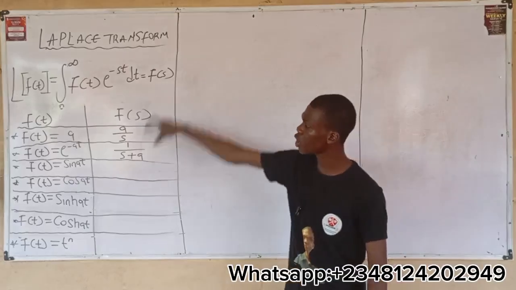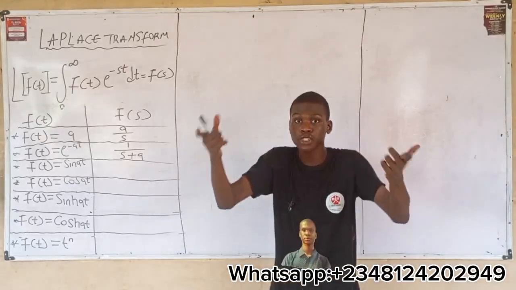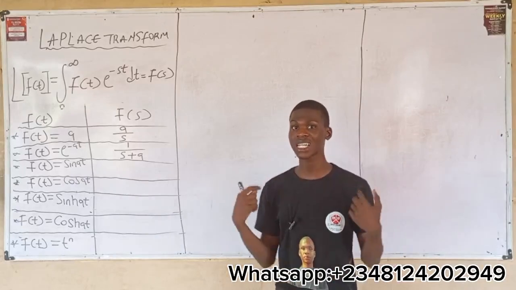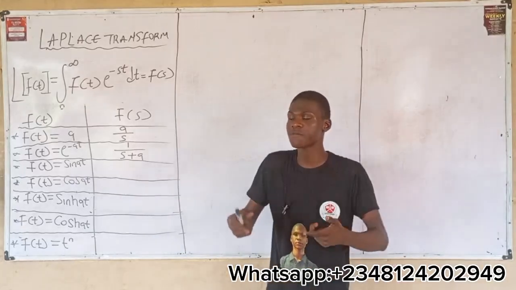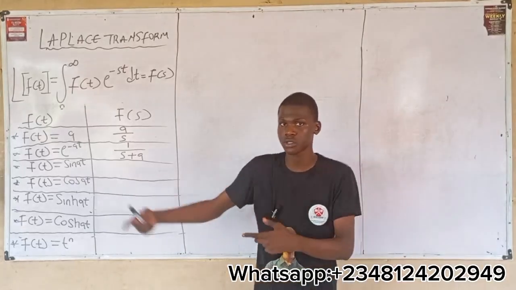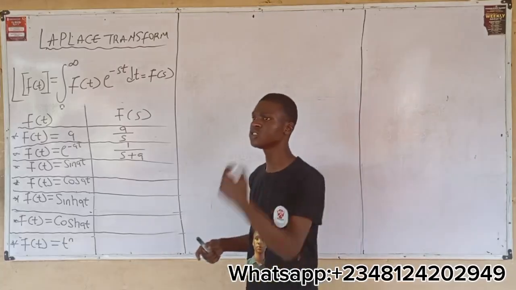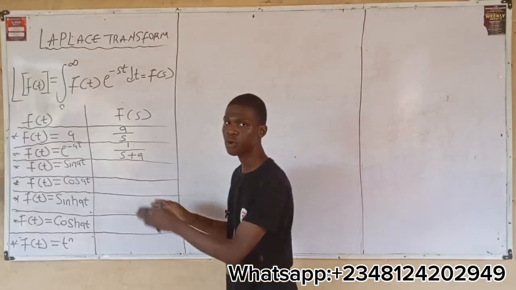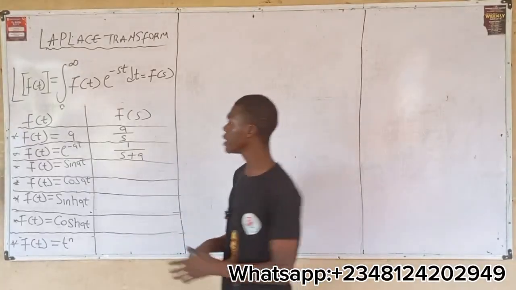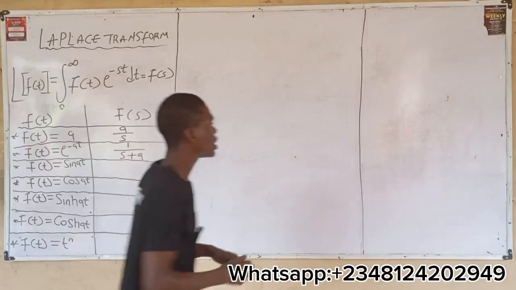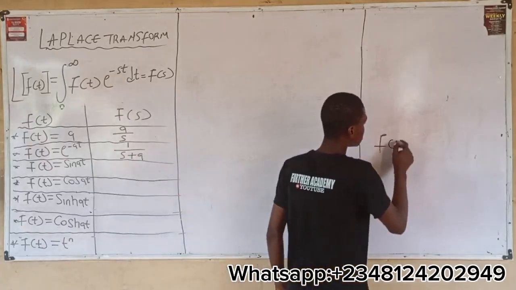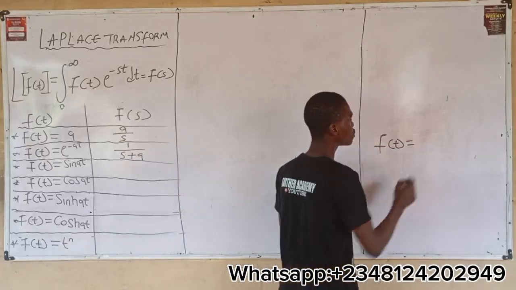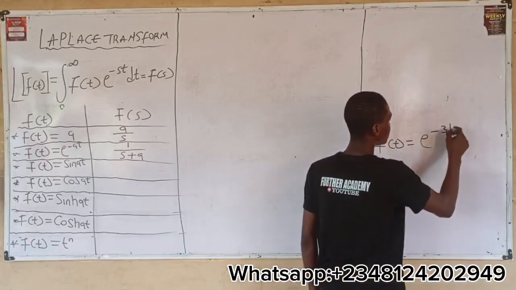The purpose of doing all this is that in the future, as the class proceeds, you'll be given several functions. No need to substitute those functions into this general formula, since you already have what is relatable to the function. Just like we've seen, say you are given f of t is equal to exponential negative 3t.